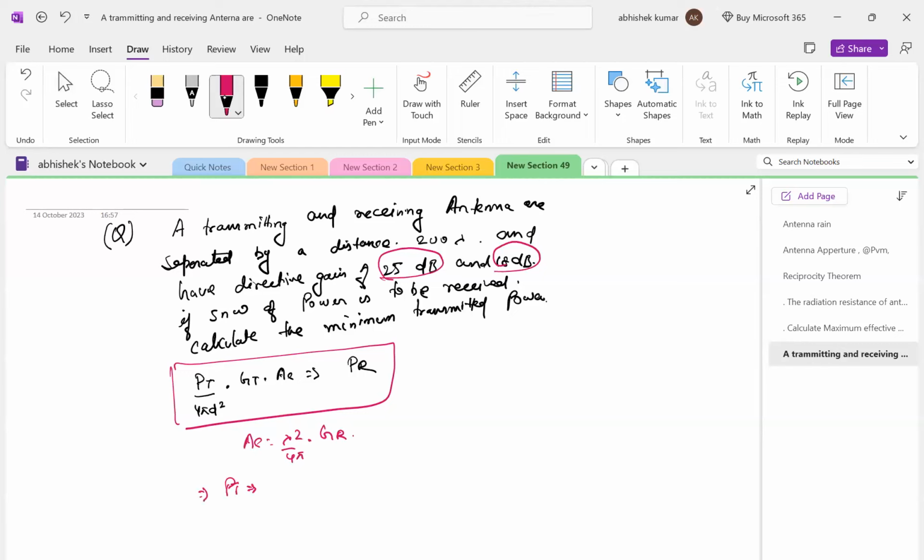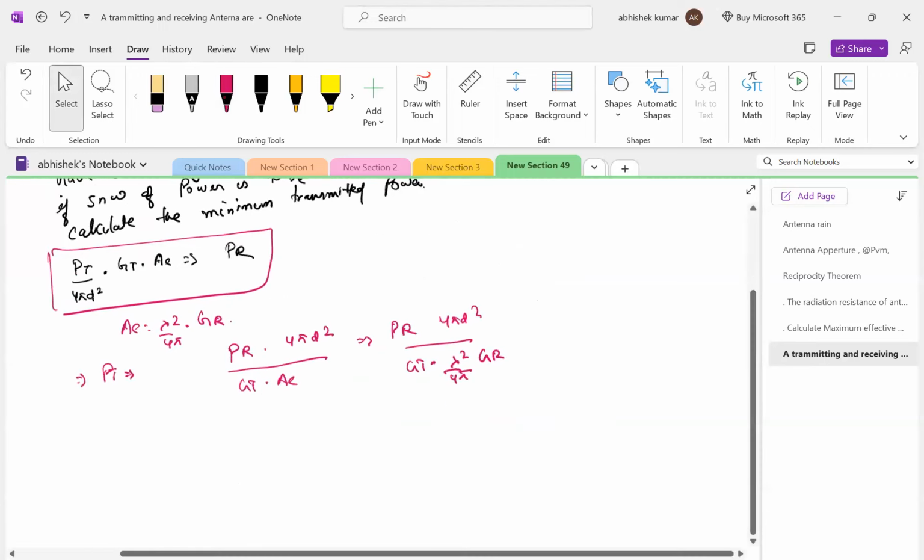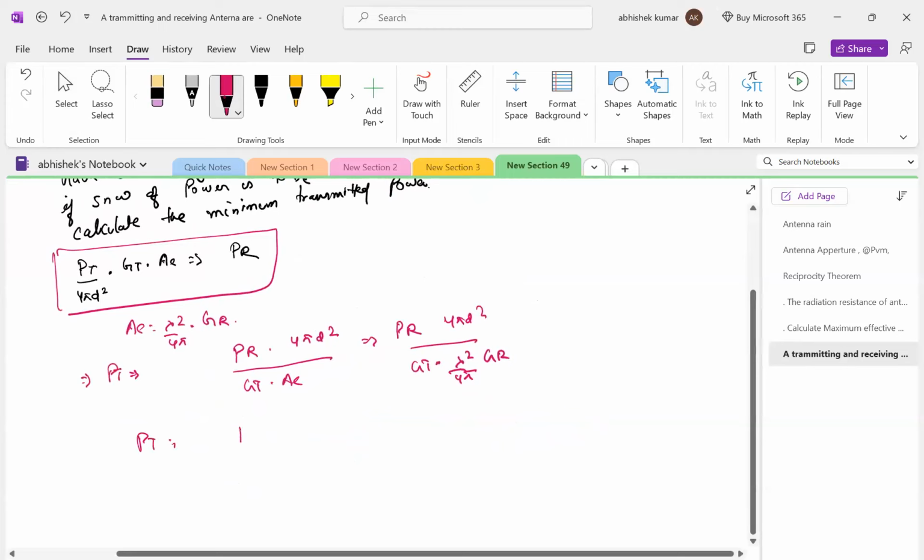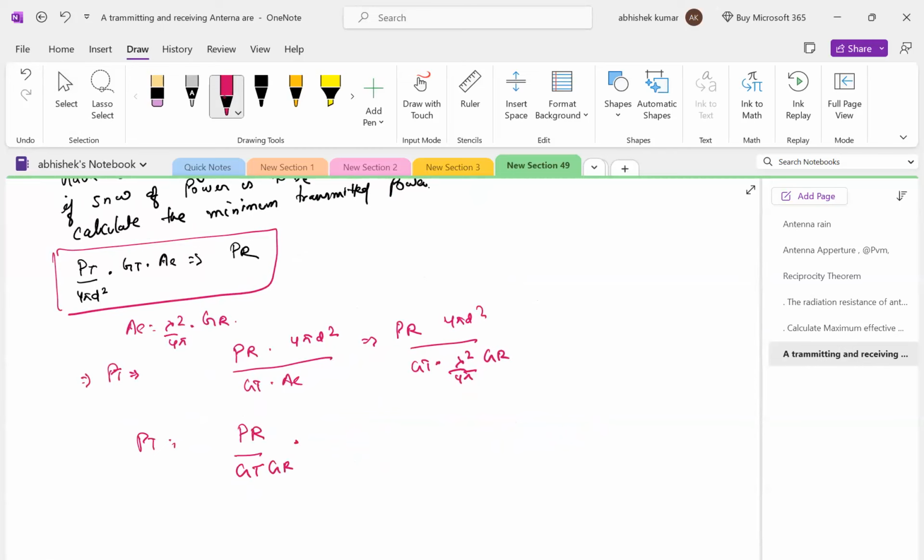So power PT will be PR into 4 pi d square divided by GT into A, and that will be PR 4 pi d square GT, and in respect of this we will write lambda square by 4 pi into GR. This will become PT equals PR over GT GR into the square of 4 pi d by lambda.